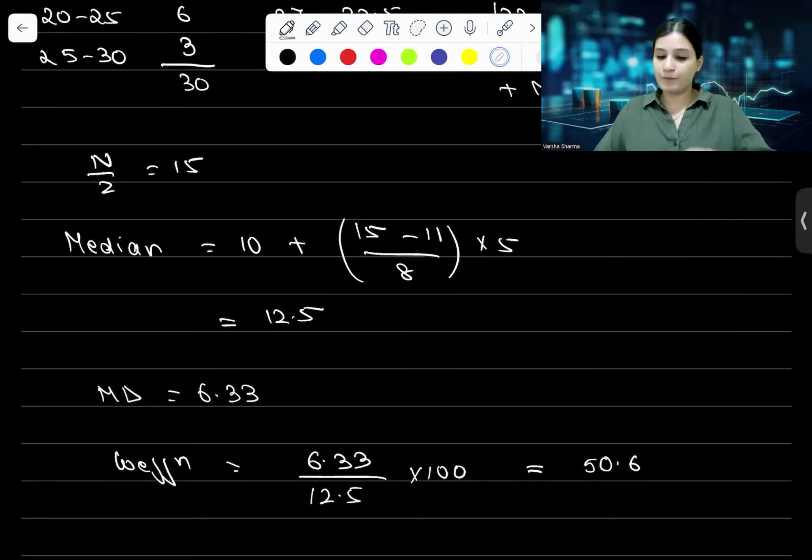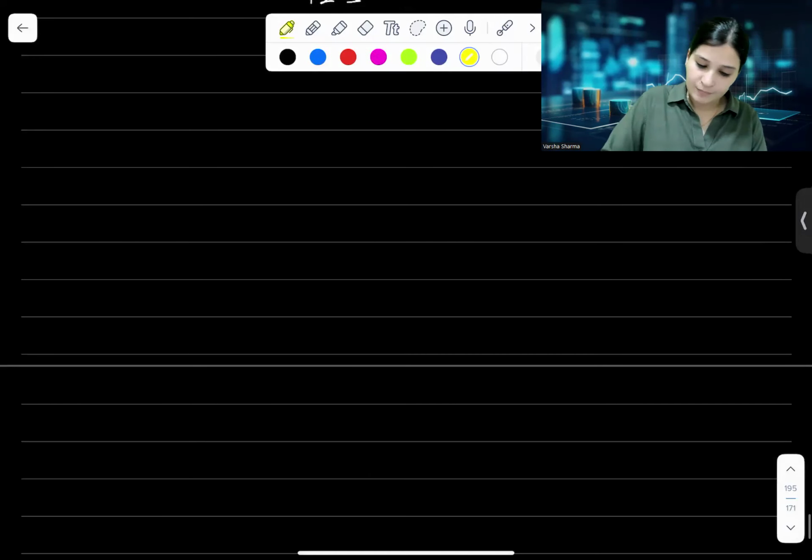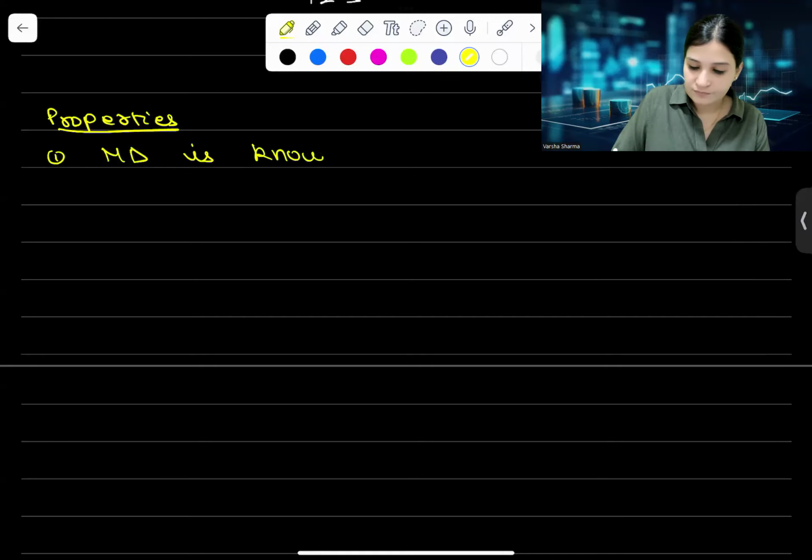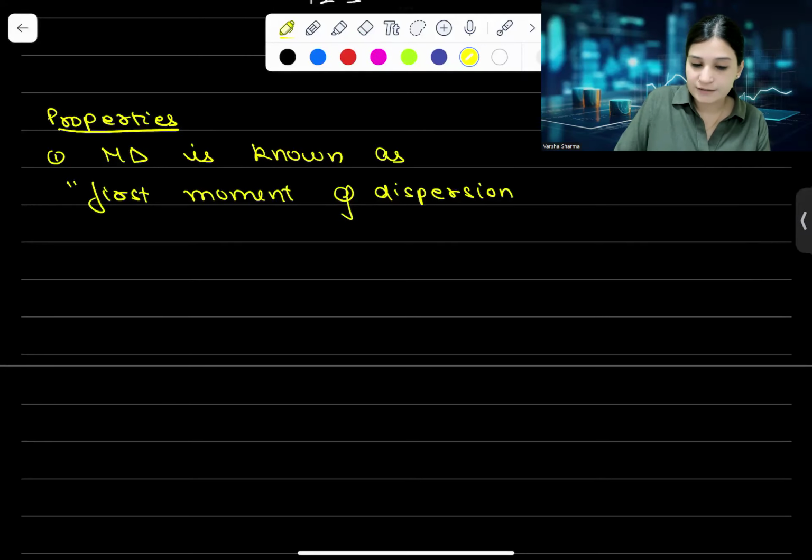So if I talk about properties here, first, mean deviation is known as the first moment of dispersion. Just learn this.